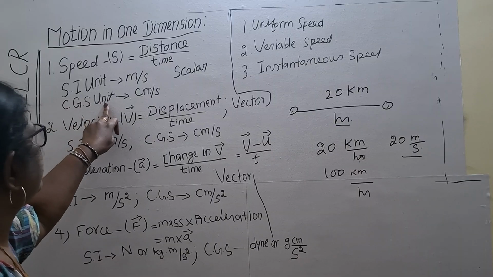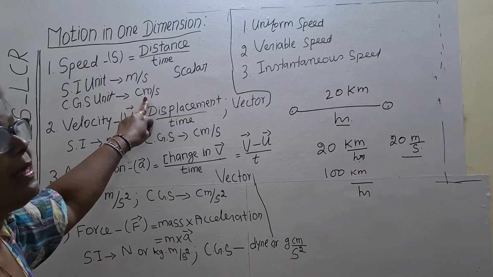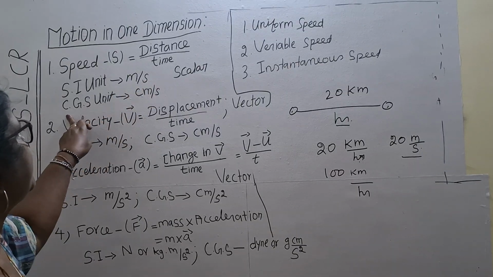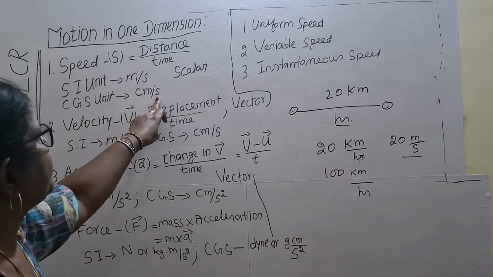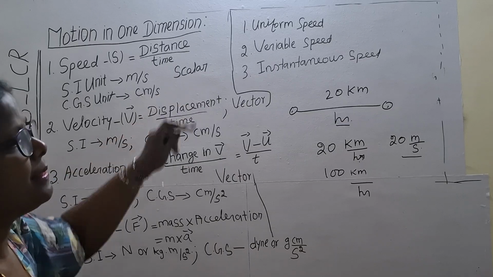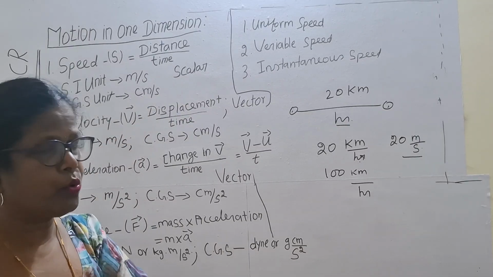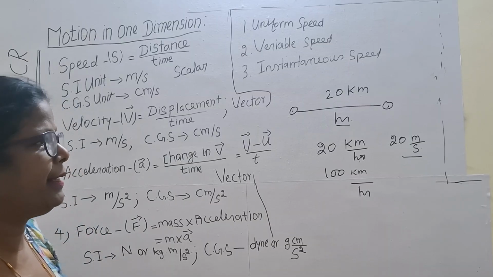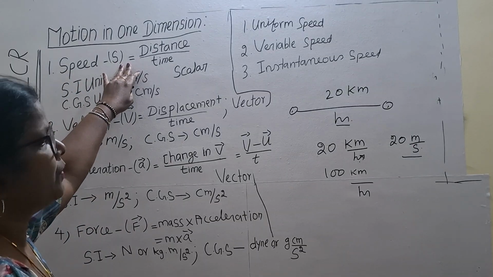The C.G.S unit of speed is centimeter per second. Note down please. Speed is a scalar quantity; there is no direction. It is distance by time.